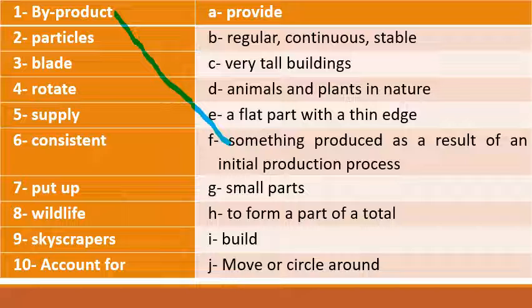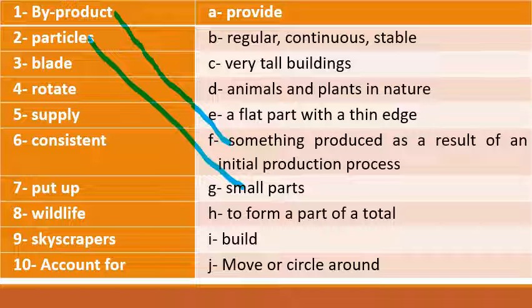Then we have number 2, which is particles. So what's particles? Particles here means letter G. Particles means small parts. Then we have the third one, which is blade. So what's the meaning of the word blade?